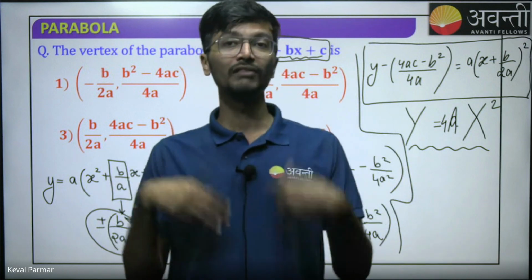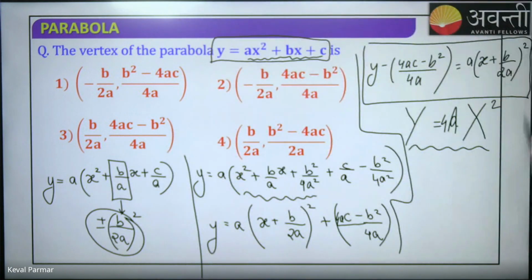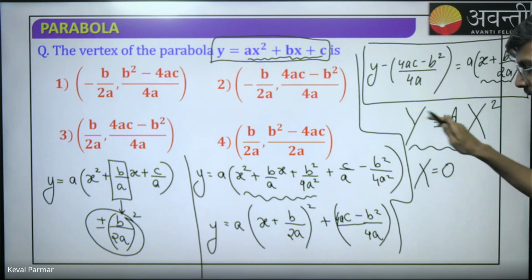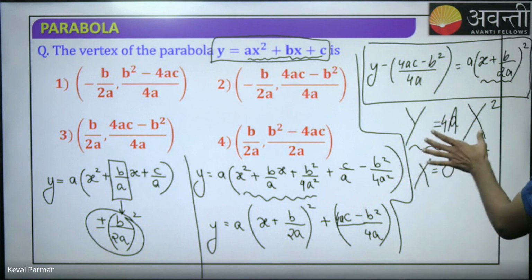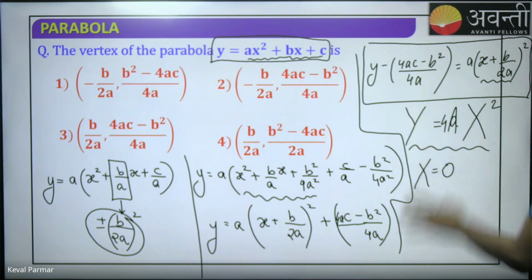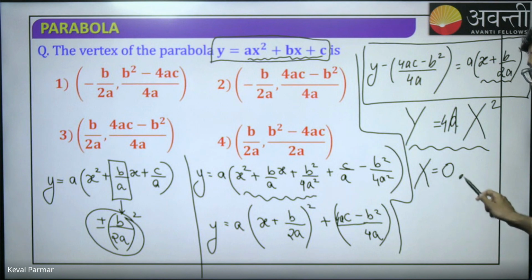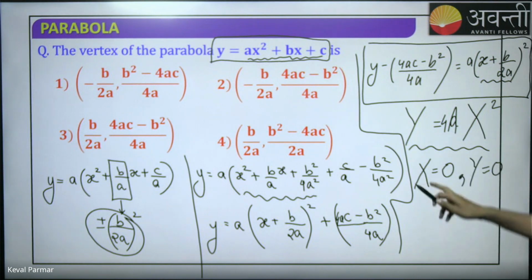Now, for vertex, see this. Vertex is capital X equals to 0, capital Y equals to 0, because this is a standard parabola, right? So for standard parabola, the vertex is 0 and 0. What is capital X?